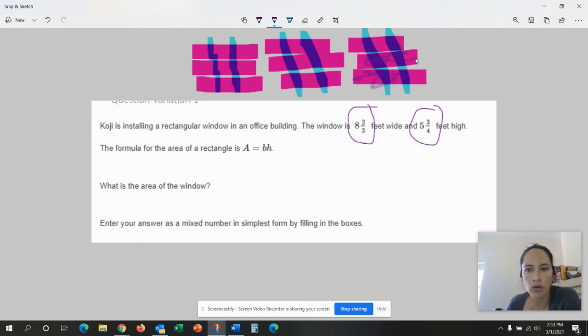This area, we have this whole one, this whole one, this whole one, whole thirds, right? So that's going to be 3 times 8. We have 3, 6, 9, 12, 15, 18, 21, 24. But we still have these 2/3 here. I didn't circle that area right there. That's not shaded in. So 8 times 3, the denominator, equals 24.